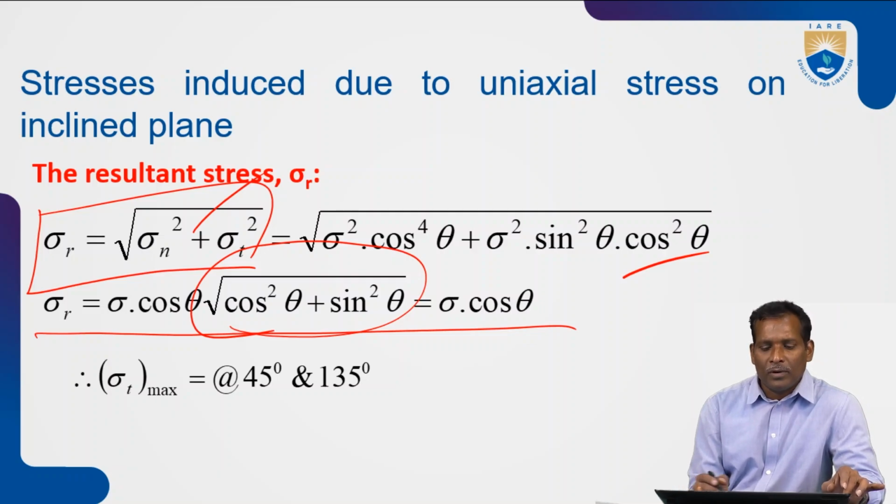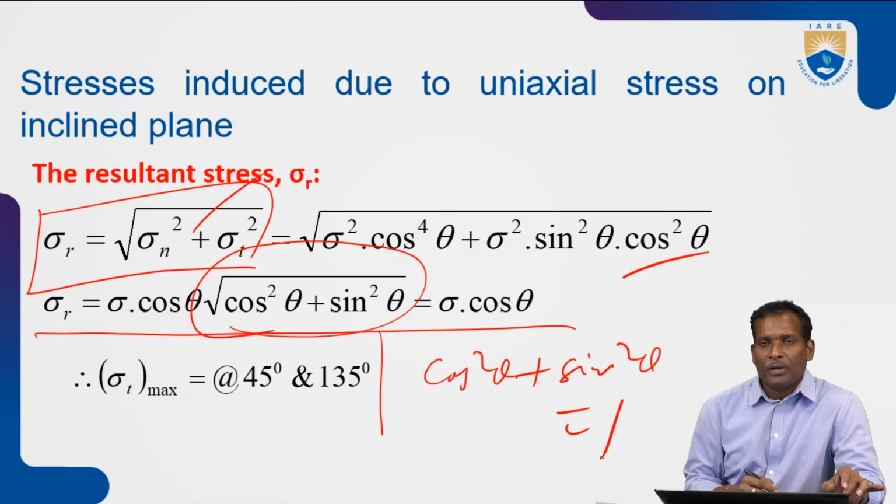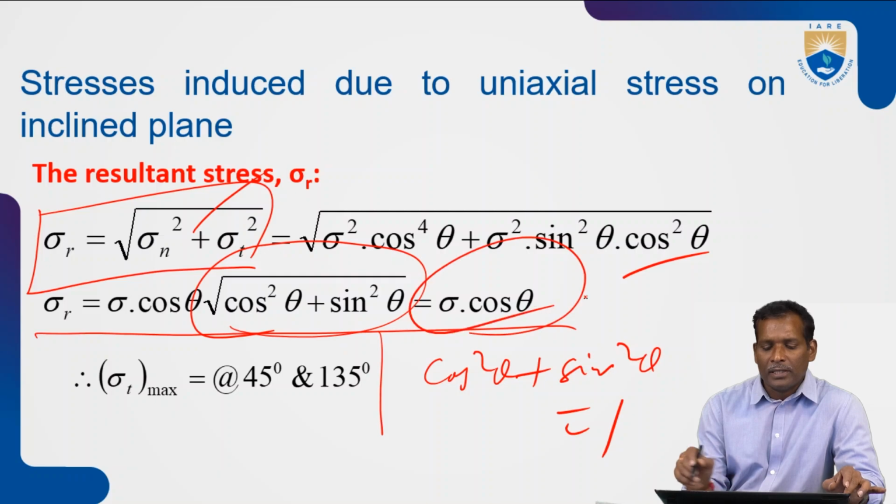Since cos square theta plus sin square theta is equal to 1, the square root of 1 is 1, so you will get sigma cos theta.